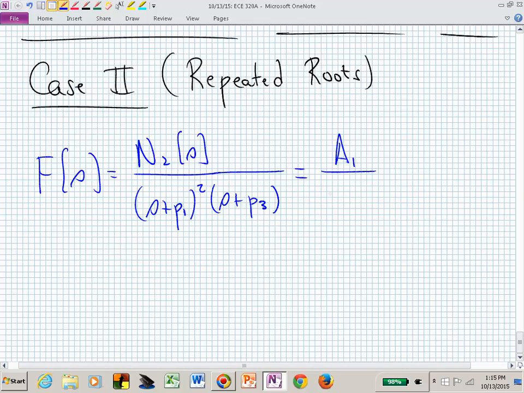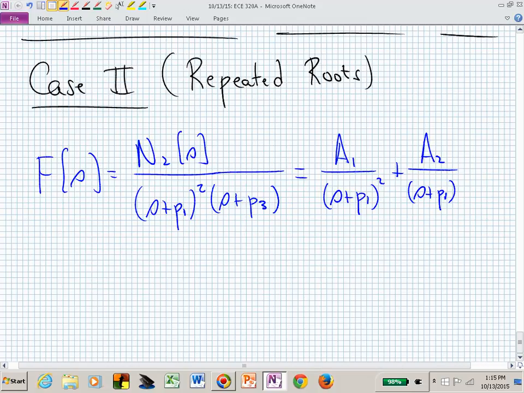Here is the order that I'm going to do it. I'm going to put A1 on top of s plus p sub 1 squared. Then I'm just going to start decreasing that power and continue to decrease it until I run out of s plus p1s, meaning I'm done for that being repeated twice.